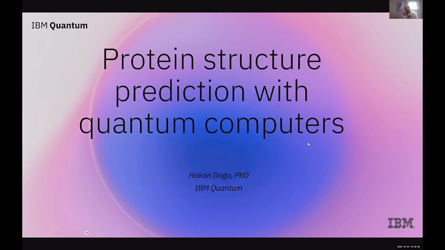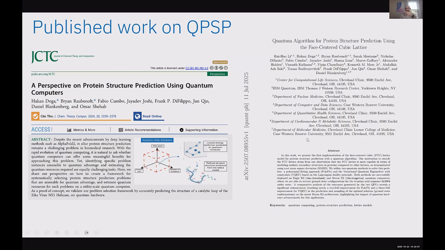All right. So today I'm going to talk about protein structure prediction using quantum computers. In particular, I will be highlighting some parts of the two papers that we published on this. Both of these have been joint research projects with a research hospital here called Cleveland Clinic and IBM.